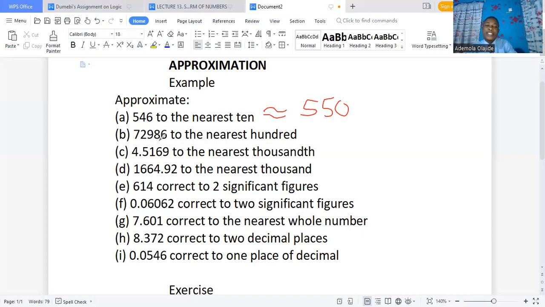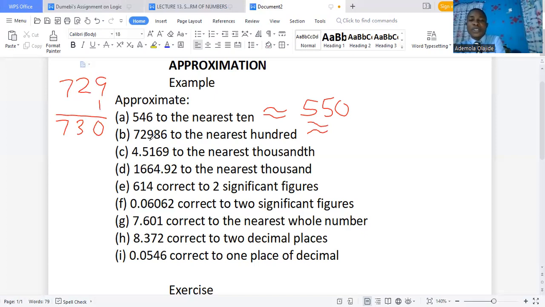But because the next digit is up to 5, of course, more than 5, this 8, you round it up, turn it into 1 and add it to this 9. So when you now have 729, and you're adding 1 to it, this 9 will become 10, and you write 0, you keep 1. The remaining 1, you carry it over to 2. Add it to 2, 3. That is 730.